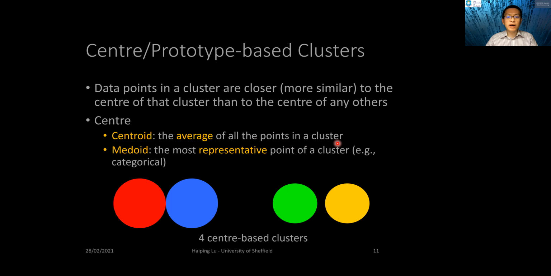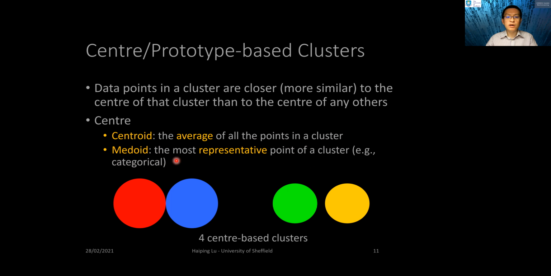And in some cases, for example, for categorical features or variables, the center can be a medoid, which will be the most representative point of a cluster. In the categorical case, you can't take an average.